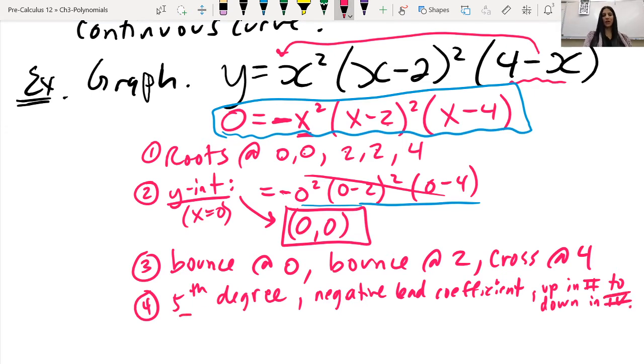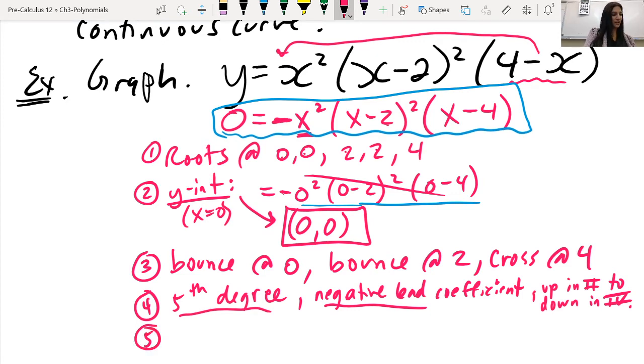That's the reason why I looked at this and this. That's what helps me to figure out, and you can go back to your notes or the video from last day to help figure this out or refresh your memory. But we use the degree and the lead coefficient to help us to determine the end behavior. So that's what we're doing in step number 4.